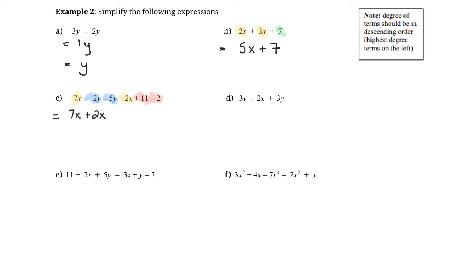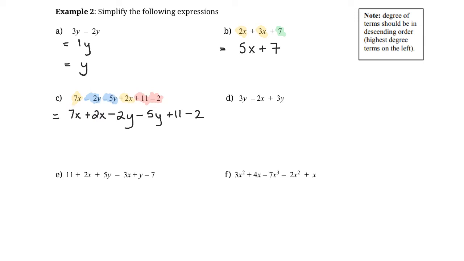So remember, when we read this, this is going to read as negative 2y. So we're going to put in minus sign or negative sign 2y. The like term with that was a minus or negative 5y. And then we're going to finish off with the plain numbers. So we have a positive 11 and a minus 2.